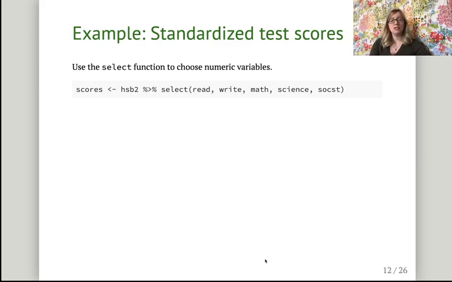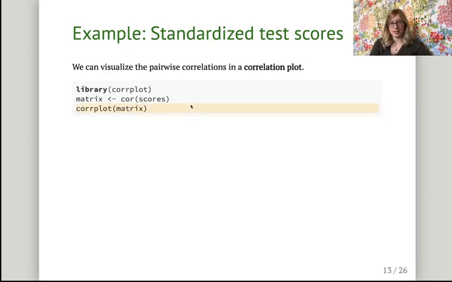So what do we do? Well, we can use a function called select to choose which numeric variables we want to use. So I'm going to select out the reading variable, the writing variable, the math variable, the science variable, and the social studies variable. And I'm going to save what results from this in the scores data set.